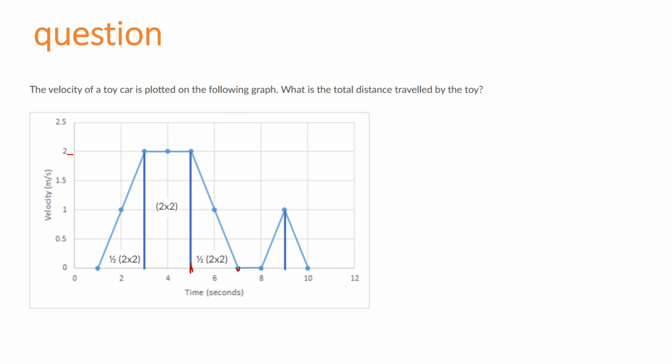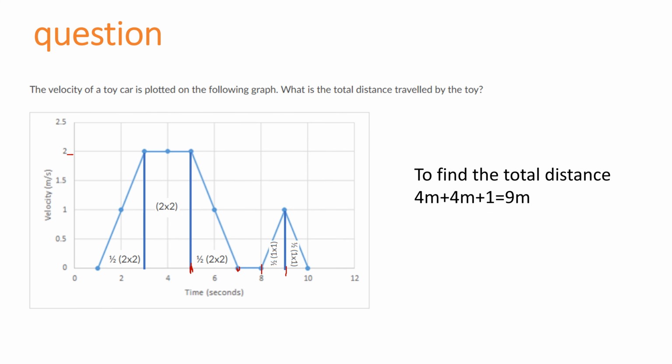Then doing the same for these two triangles, from here to here it would be 1 times 1, which is the height, and a half because it's a triangle, which gives the answer of 1. And doing that for the second triangle, the answer is a half, 0.5.